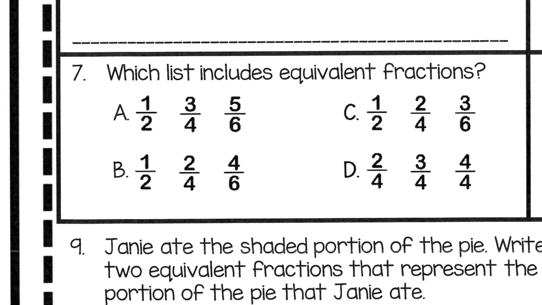Sorry about that. Which list includes equivalent fractions? Okay, well, if you wanted to, you could do some drawing, but what I will tell you is this. 2s and 4s go really well together. 4s and 6s, not so much. 2s and 6s can go together pretty well.